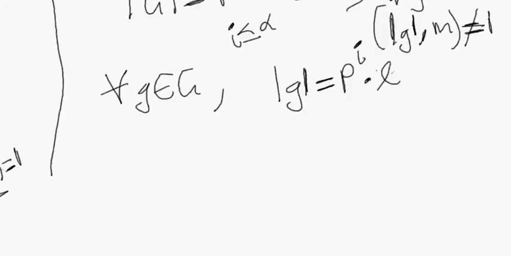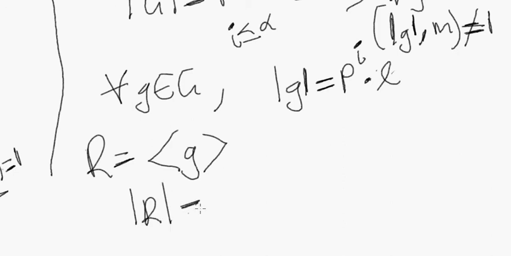So from here we're concluding that this subgroup, which we're calling big R, the cyclic group generated by g, has order equal to p to the i times l.